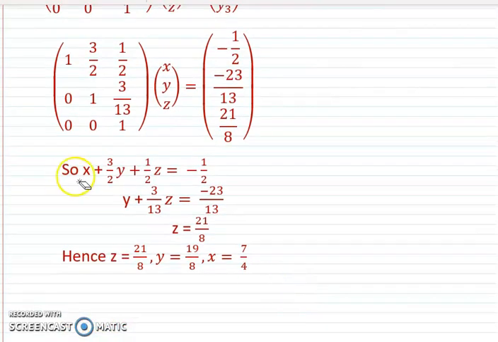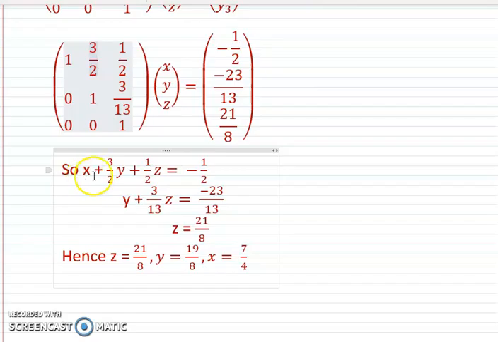So finally the solution is obtained from x plus 3 by 2 y plus 1 by 2 z is equal to minus 1 by 2, y plus 3 by 13 z is equal to 23 by 13, and z equal to 21 by 8.